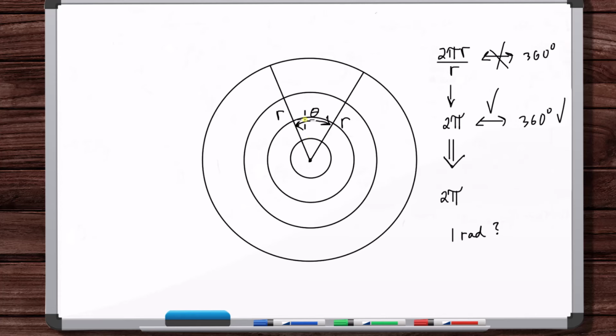The difference, though, is that the arc length that's needed to trace out the span of 1 radian gets bigger as the radius increases.